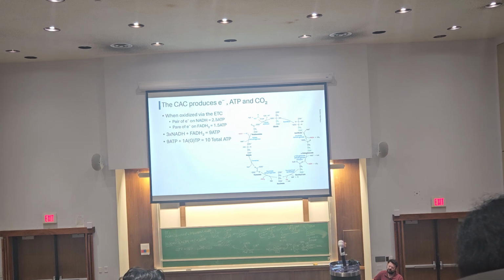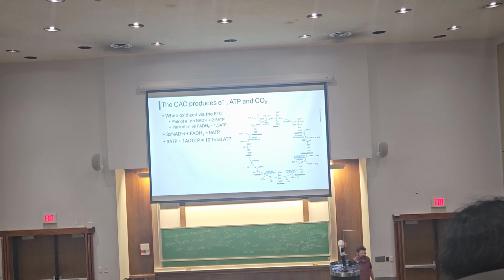Thank you. And what's 5 plus 2.5? 7.5. Hey, there we go. 7.5 plus 1.5 is what? This one's a hard one. 7.5 plus 1.5. 9. Very good. And this is the hardest one. 9 then plus the 1. 10, right? So for 1 acetyl coenzyme A, we get 10 ATP.